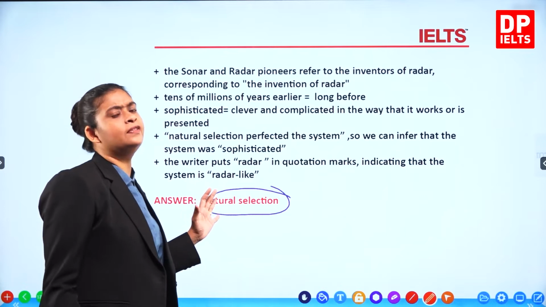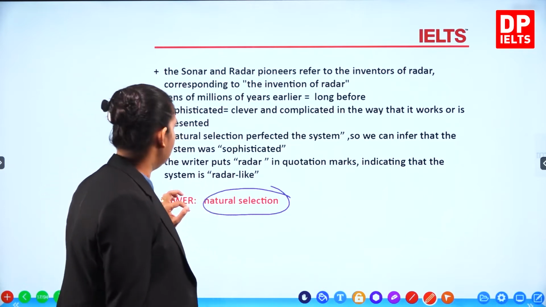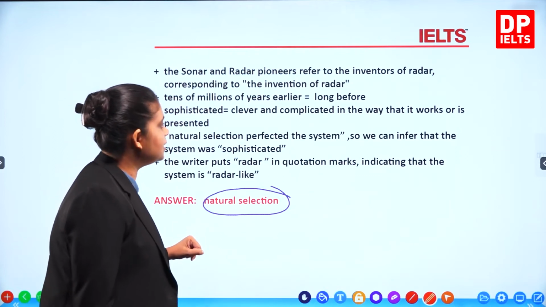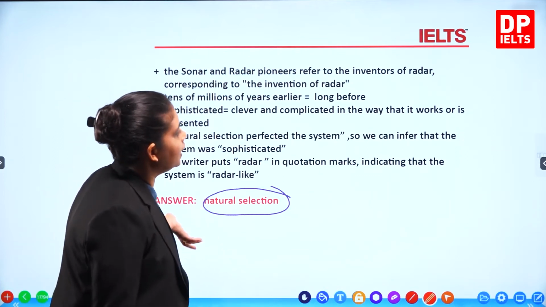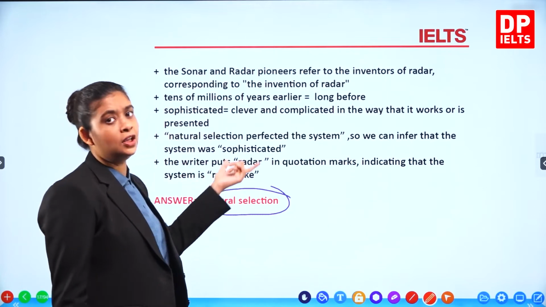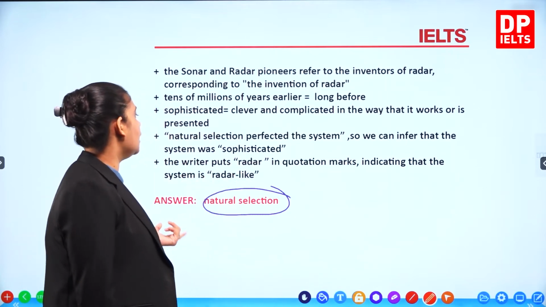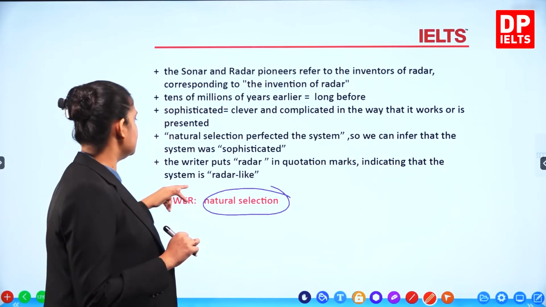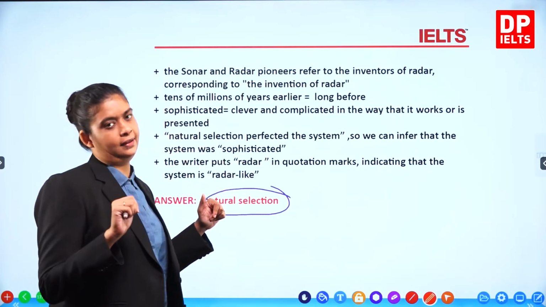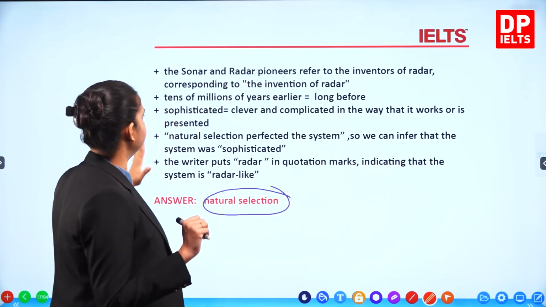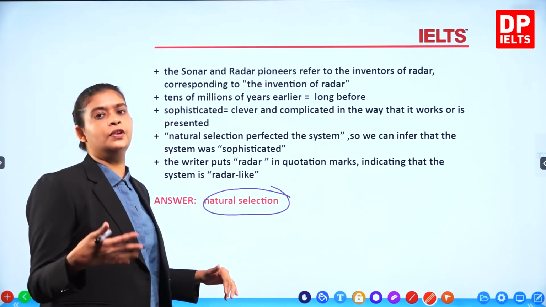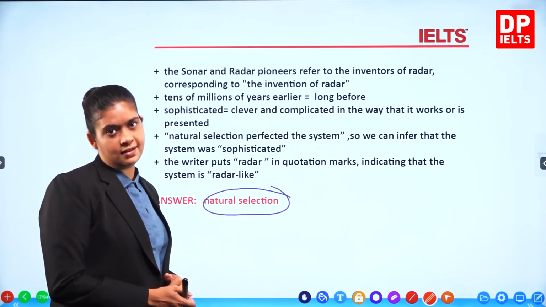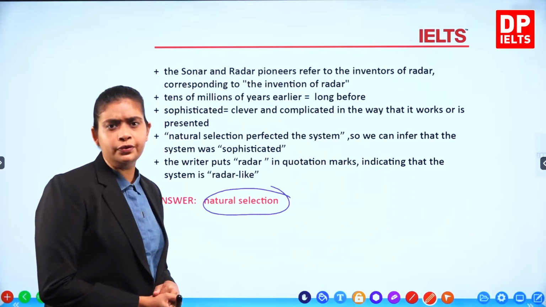Sophisticated, a bit clever and kind of complicated, right, in the way that it works. Natural selection perfected the system, so we can infer that the system was very sophisticated. The writer puts radar in quotation marks, indicating that the system is radar-like. So, you can see here, I've given you a bit of context as to why we would select this as the answer and things that I thought would be useful for you, right?